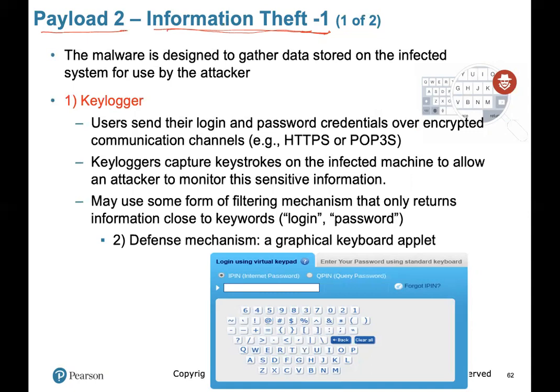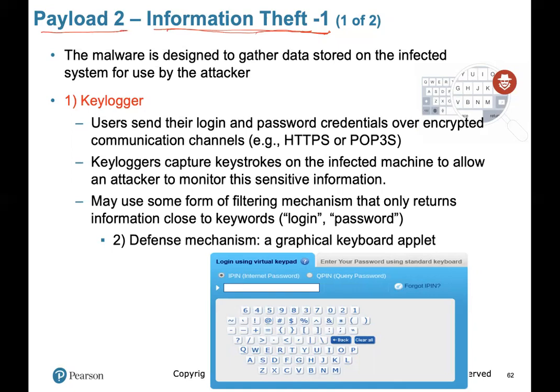As can be understood from the name, once the payload gets activated, the malware tries to collect some information from the compromised system and tries to send it to the attacker. And that information is used by the attacker directly or indirectly.